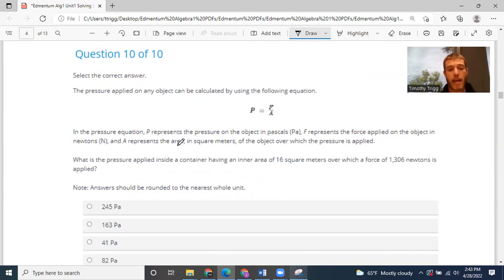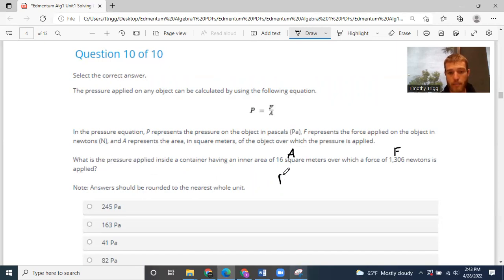And A represents the area in square meters of the object over which the pressure is applied. What is the pressure applied inside a container having an inner area of 16 square meters? So that's the area, so that's going to be our A, 16. And a force of 1,306 newtons. So here's our force, F. And we need to find the P, the pressure.